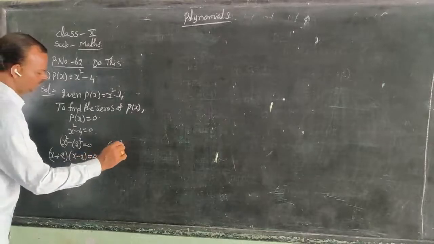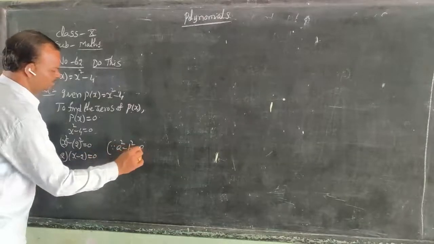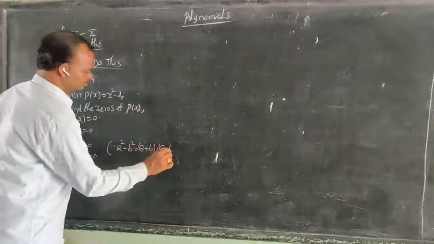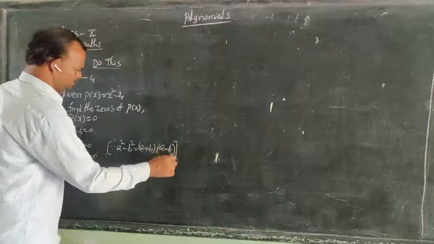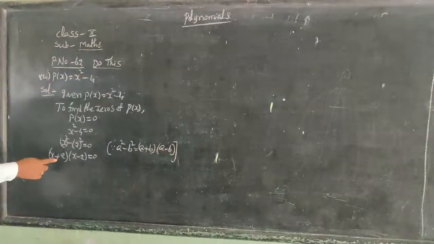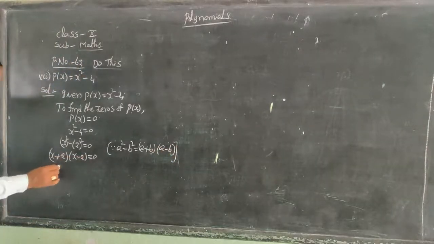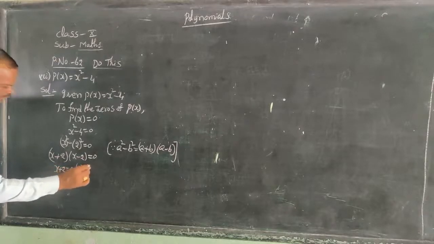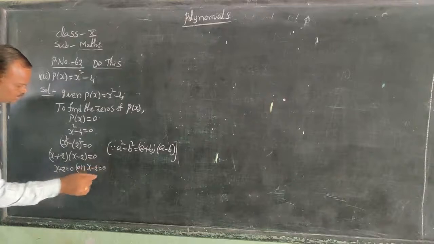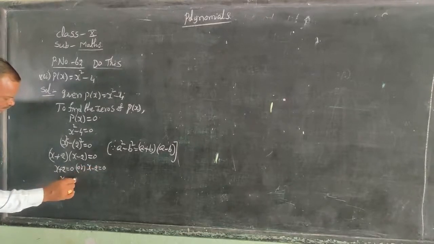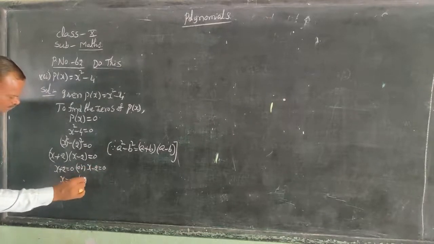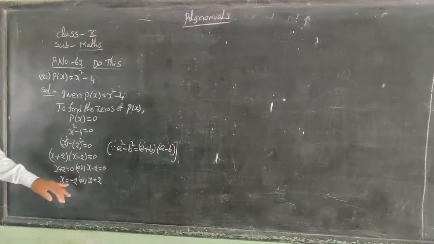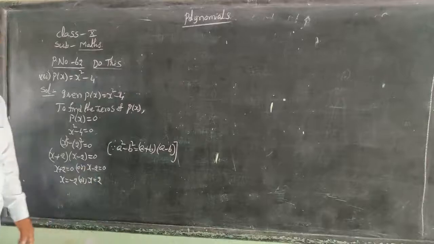We are using the formula a square minus b square is equal to a plus b into a minus b. Here each factor is equal to 0. X plus 2 is equal to 0 or x minus 2 is equal to 0. X is equal to minus 2 or x is equal to plus 2.